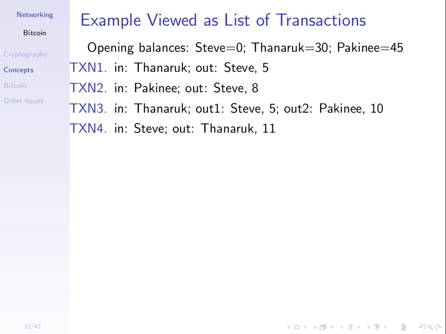Therefore, if I try to send 20 baht to Pekini, she will not accept that, because she can determine that my current balance is only 7 baht, or 7 units. So if you know the list of transactions, you can provide these features of a bank that is working out who has what and stopping people from double spending or overspending.